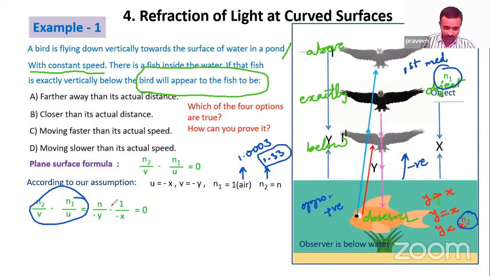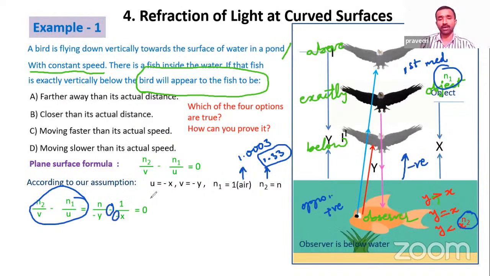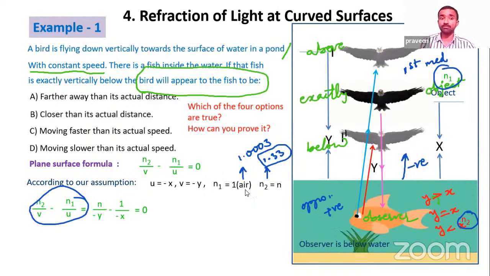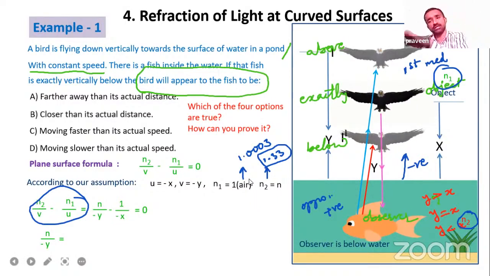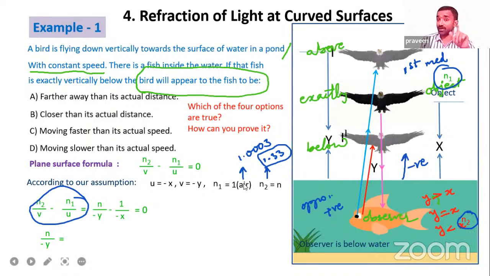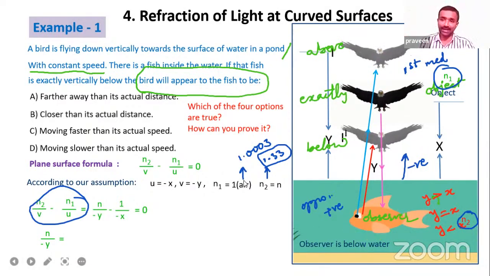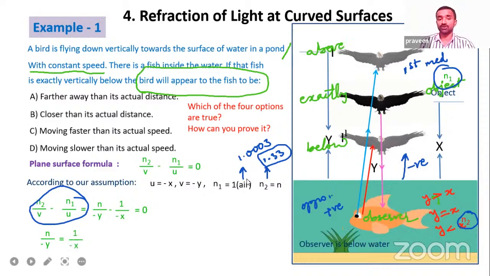So here, minus into minus gives plus. What remains is n by minus y equal to, transposing, minus 1 by x will be written.